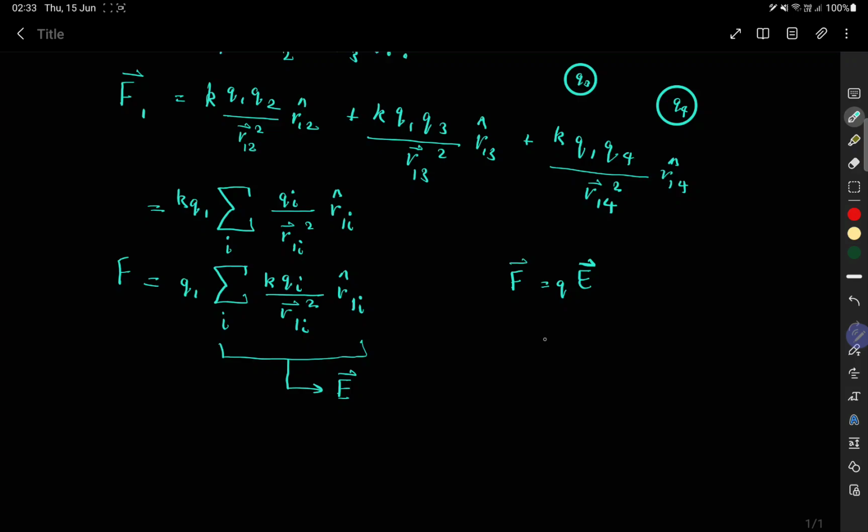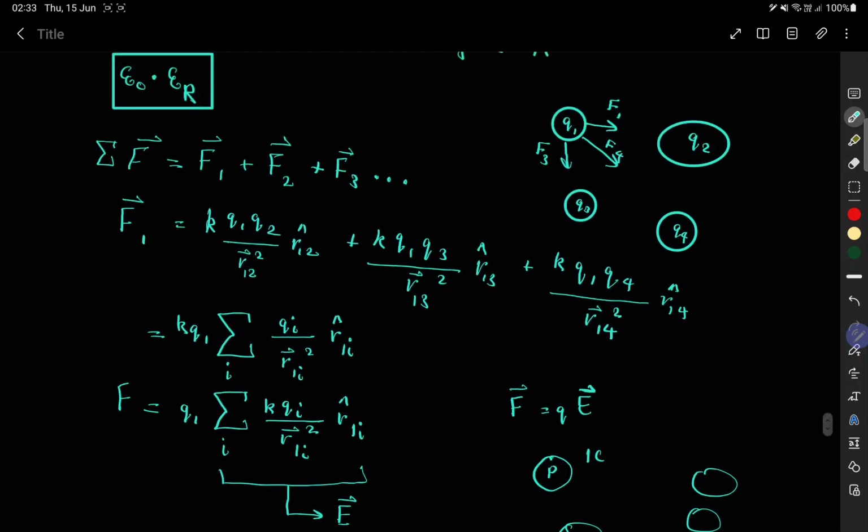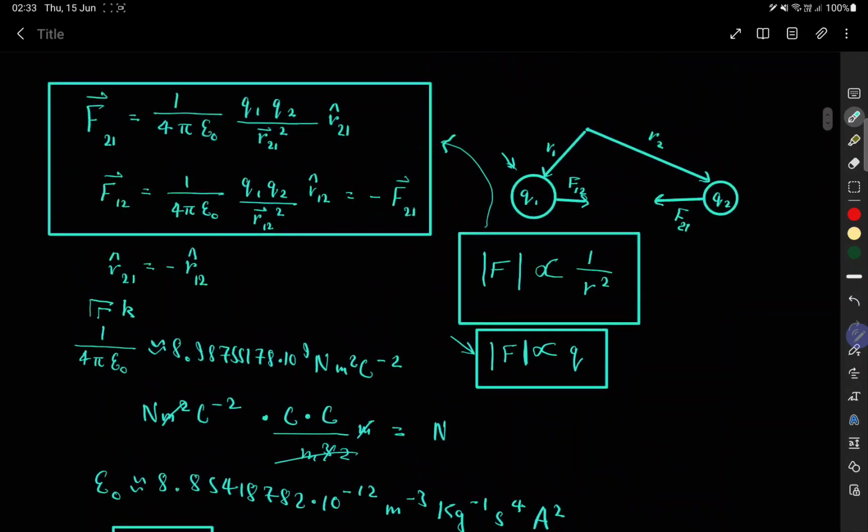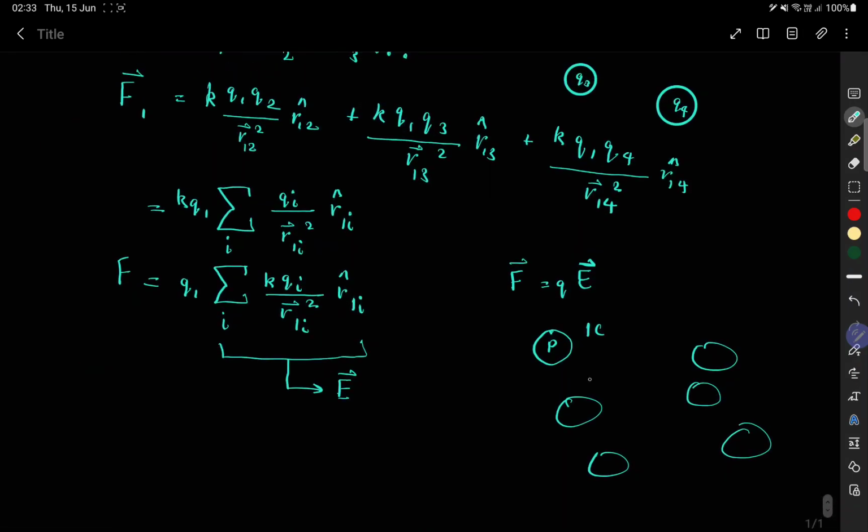So let's say there is a point charge of 1 Coulomb called P entering a field, or a network of charges. Okay, so now obviously you can't be calculating this quantity through Coulomb's law every single time. So what you'd rather want to do is take this for different charges. Suppose I increase the charge of P to 2 coulombs, or suppose 3 coulombs.